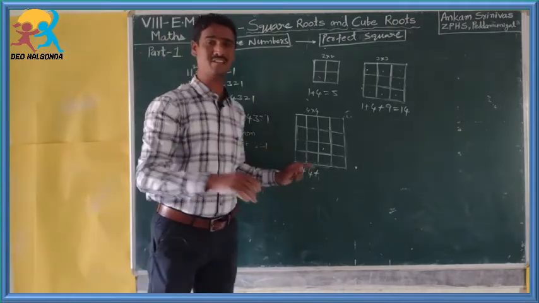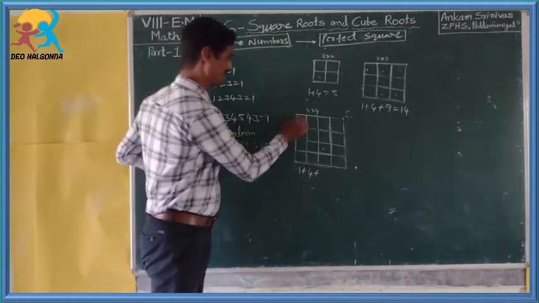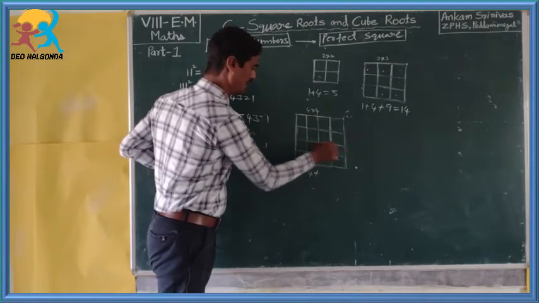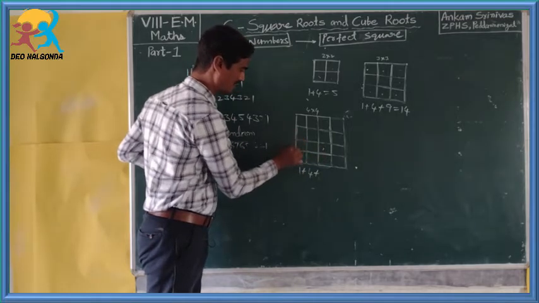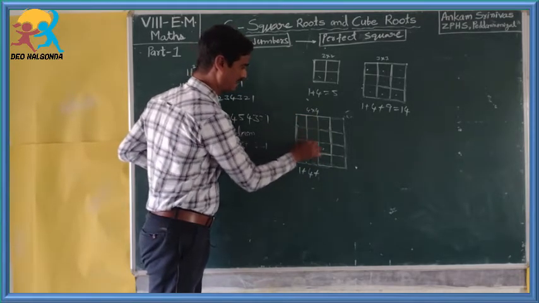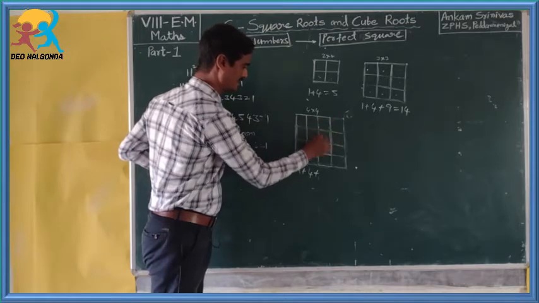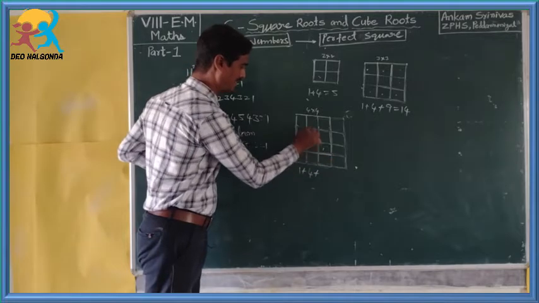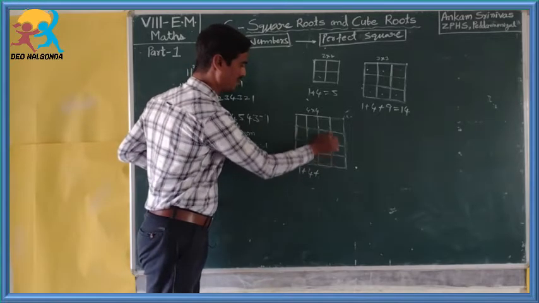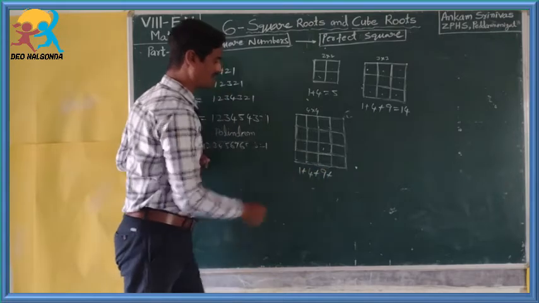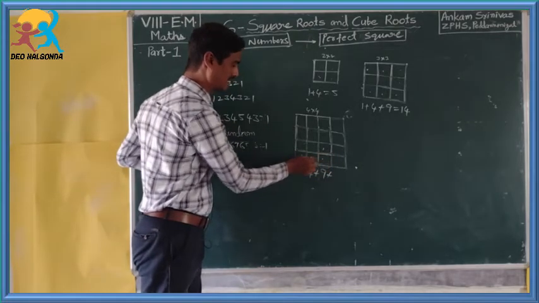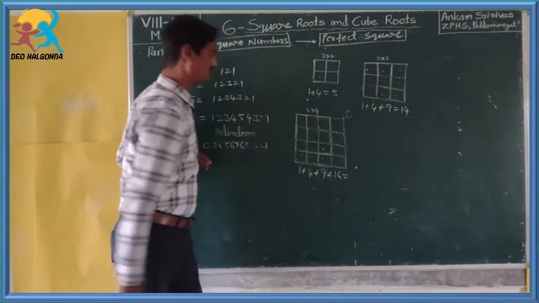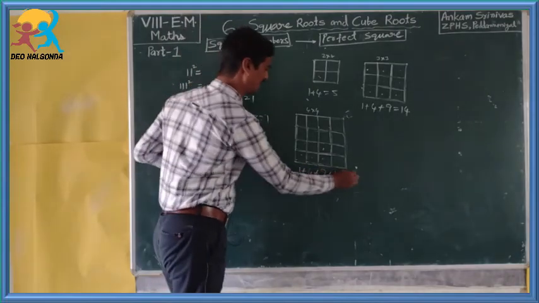Now take squares containing 2 boxes: 1, 2, 3, 4, 5, the middle one, 6, 7, 8, and a middle one, 9. Then the remaining single boxes, 1, 2, 3, 4, 16. Then how much will you get? 10, 20, 30.